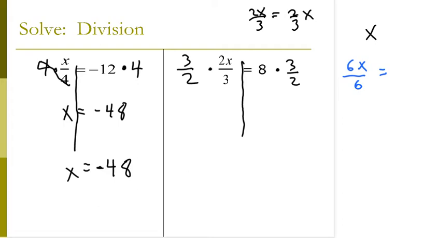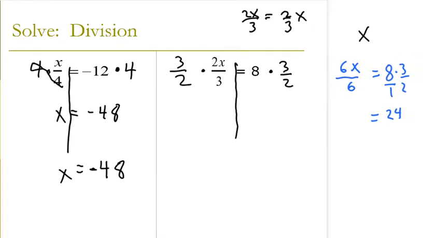If we continue the work, 8 times 3/2, we could put 8 over 1, and we would end up with 8 times 3 is 24, so 24 over 2 is what we get on the right side, and we still have this 6x divided by 6.